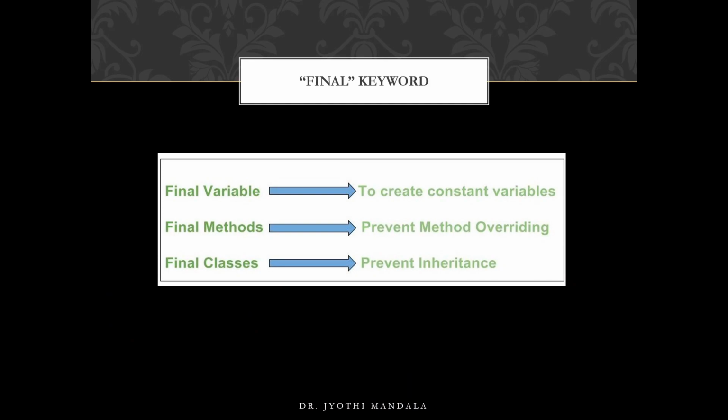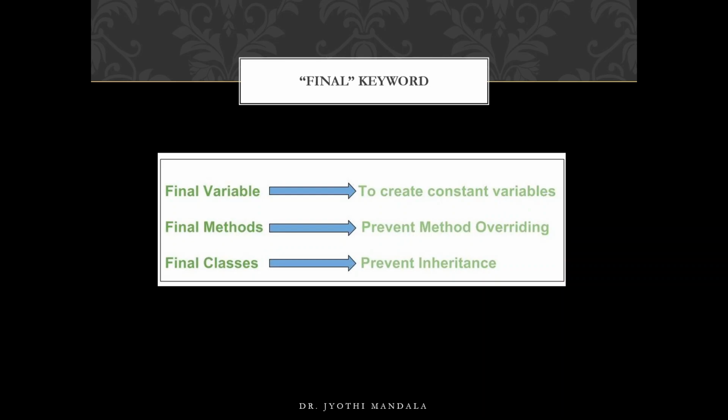Normally the final keyword will be used with variables, methods and classes. Along with that, an uninitialized final variable should be initialized only in the constructor. An uninitialized static final variable should be initialized in the static block only. And also, if you are giving the final keyword with parameters, that value cannot be changed.